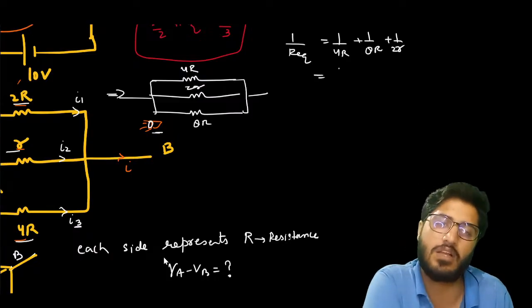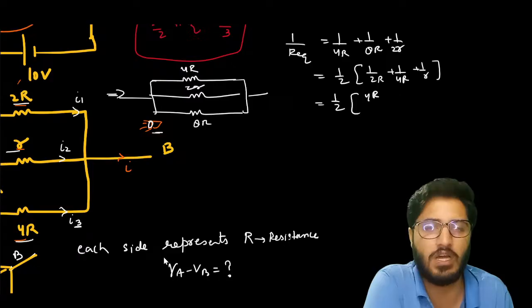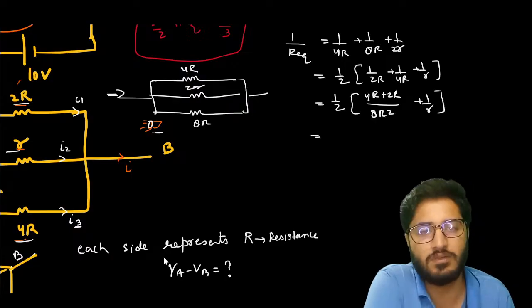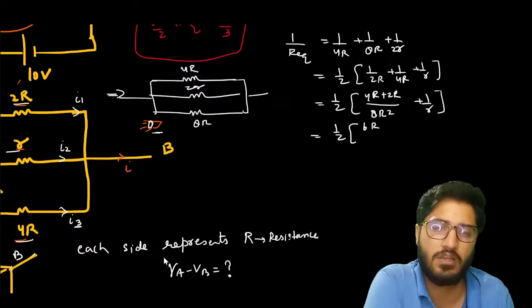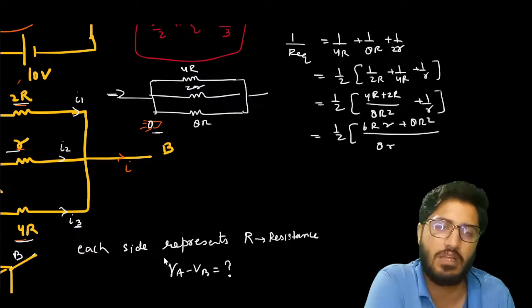So I will take 1 by 2 common, then I have 1 by 2R plus 1 by 4R plus 1 by R. I will cross multiply now, 1 by 2. It will have 4R plus 2R divided by 4 to the 8, it will be 8R square plus 1 divided by R. So we have here 1 by 2, 6R into R plus 8R square divided by 8R into R square.